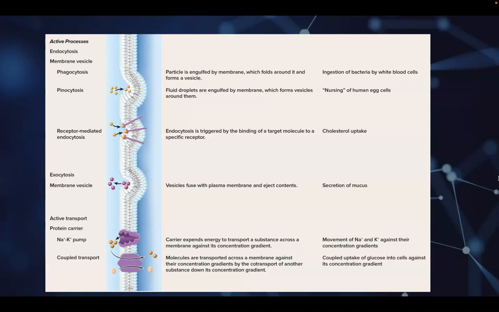Our active processes. So we've got endocytosis, which has both phagocytosis and pinocytosis as part of it. If you remember, phagocytosis is bringing molecules into the cell. Pinocytosis is bringing liquid into the cell.